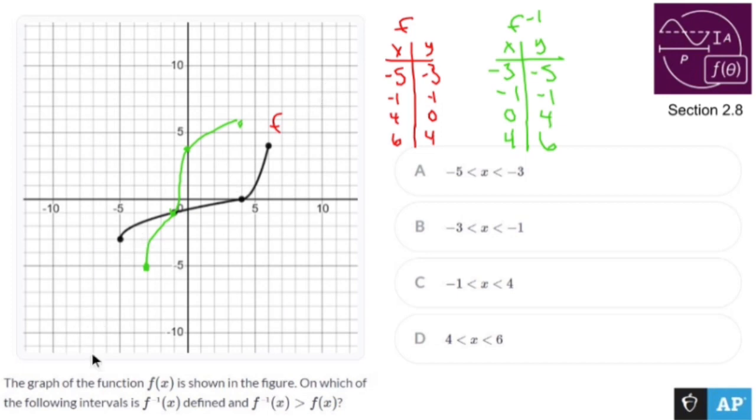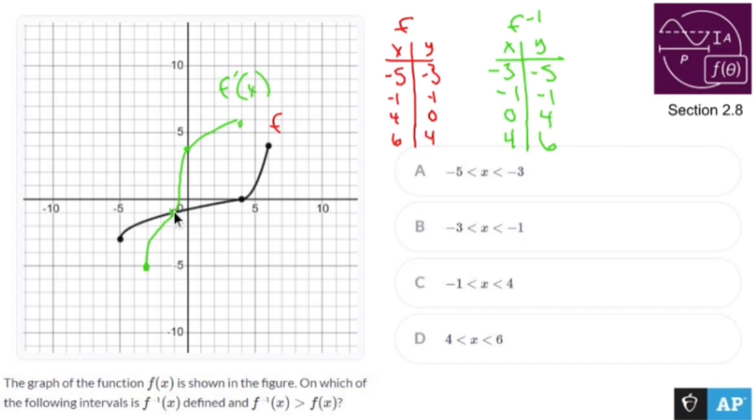Now, what am I supposed to do here? I want to find where the inverse is greater than the regular f of x. Well, the inverse is green. And it looks like the moment we hit that -1, my green line is above this black line here, which means at this moment, f inverse of x's value, the green line, is higher than the f function.